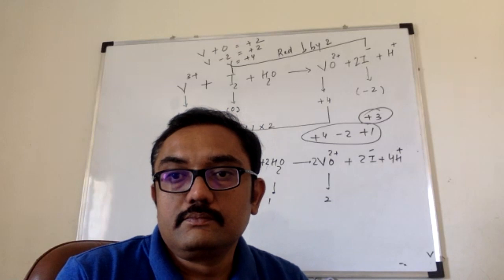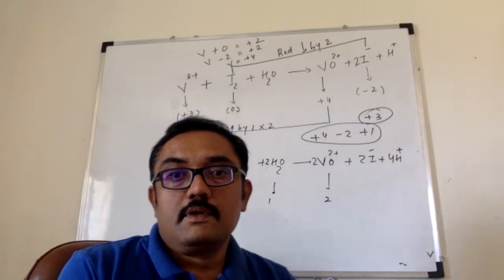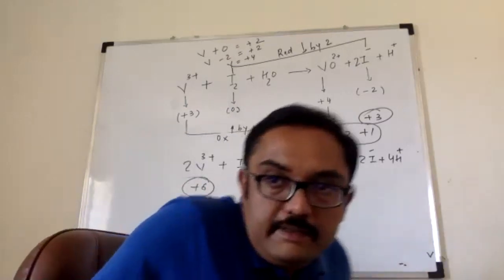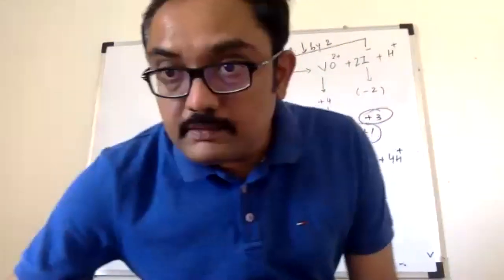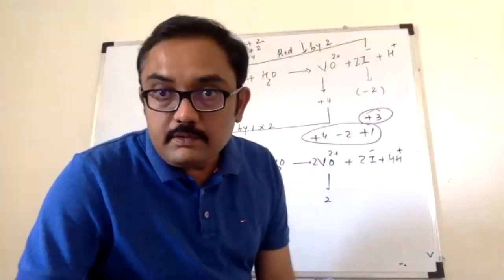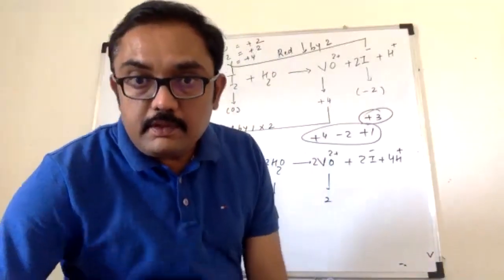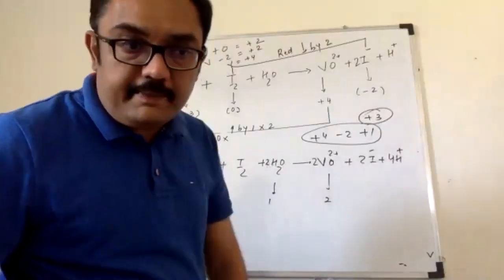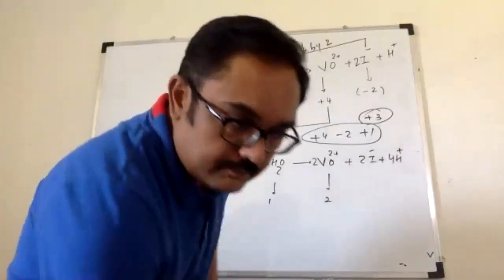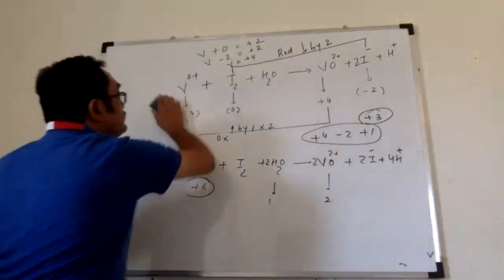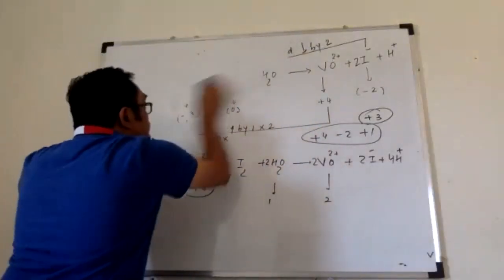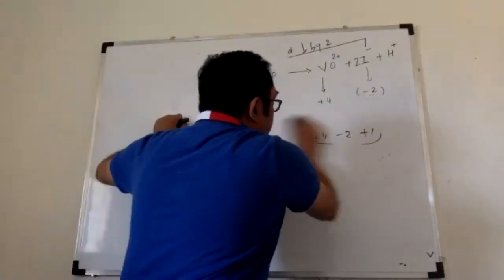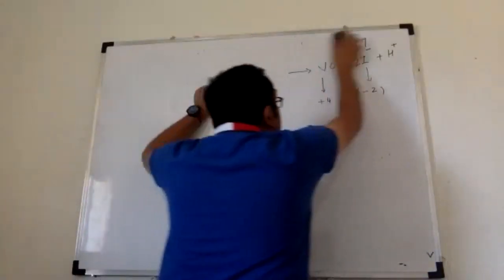Sir, can you just repeat that? I wasn't here for a second, so I missed out on that. Manganate ion reacts with oxalate ion to give Mn2 plus and carbon dioxide in the acidic medium. Equation I'm writing on the board.